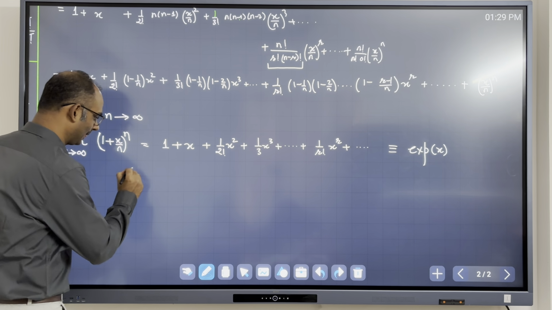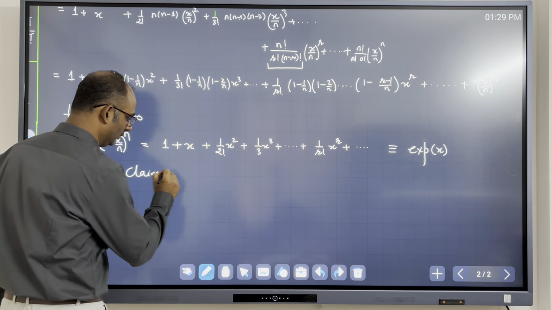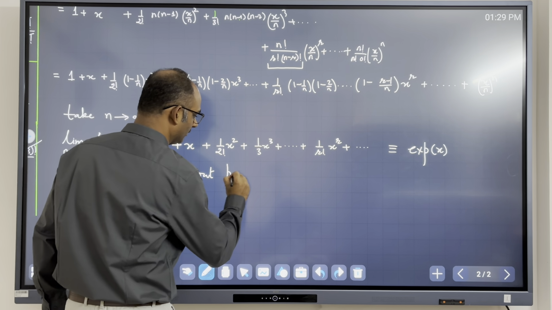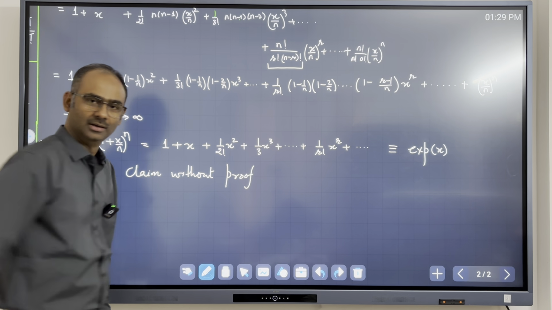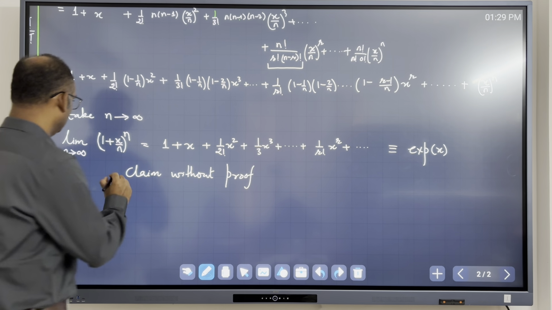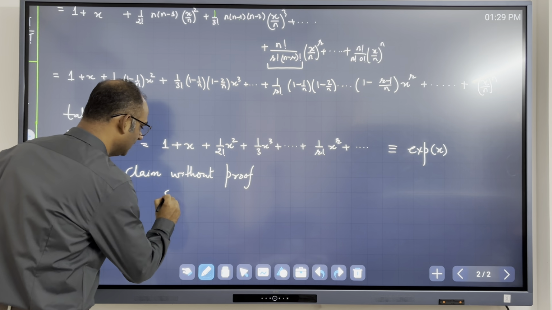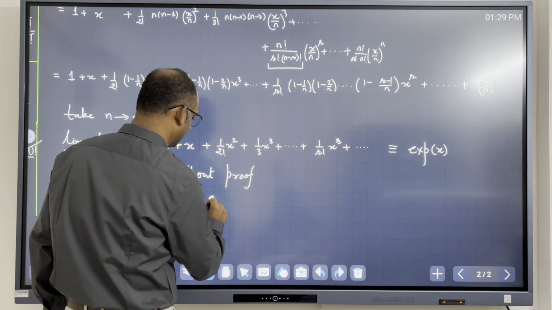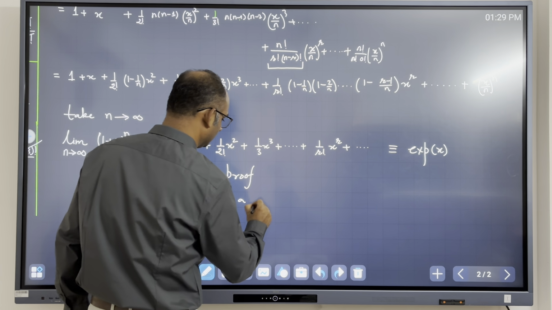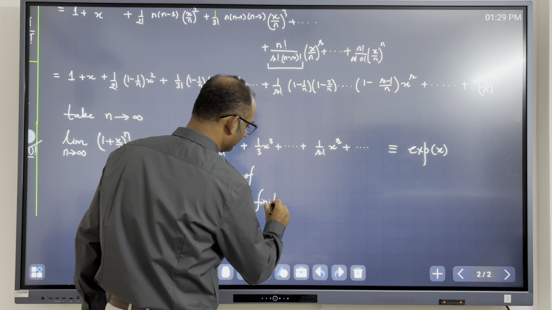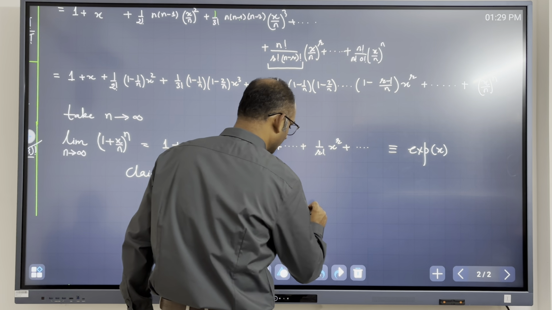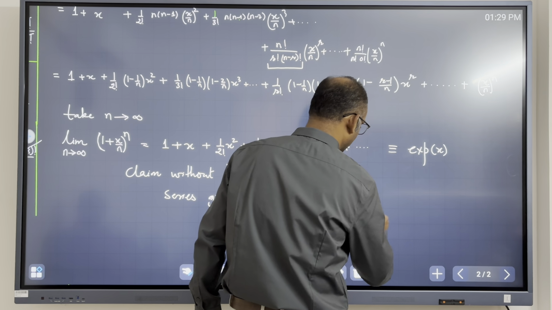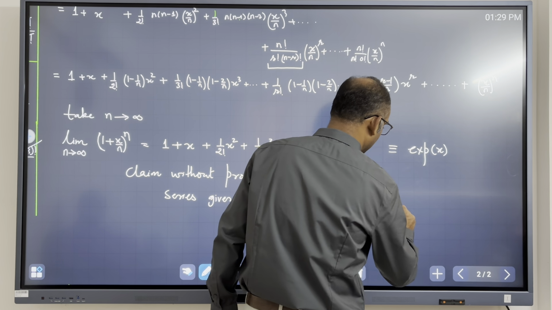Claim, without proof, that the series gives a finite value for every finite x.